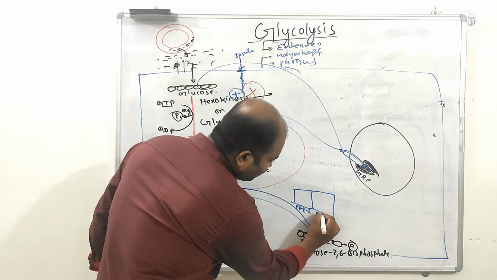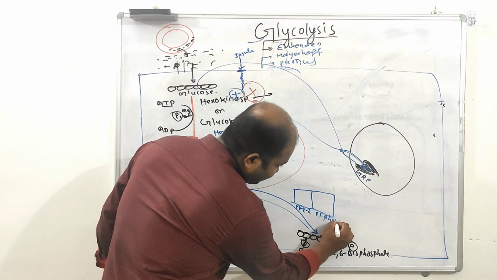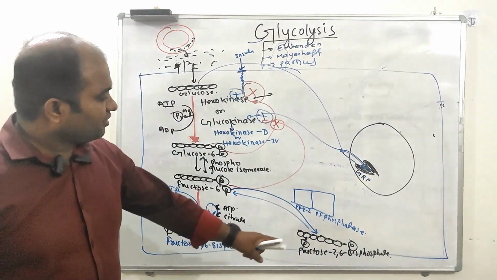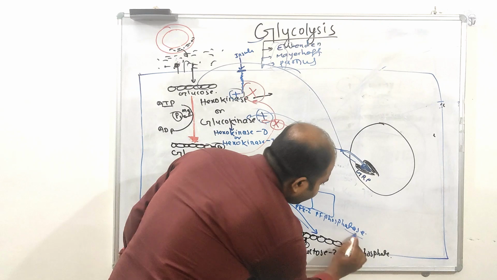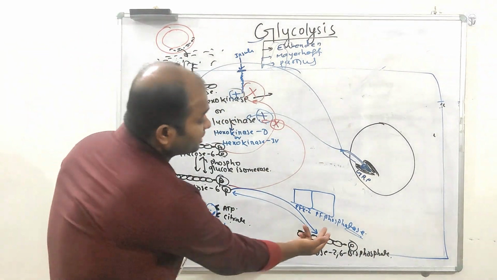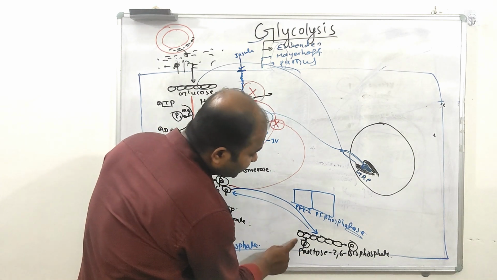There is a phosphatase also. Wherever you see phosphatase, it means removing the phosphate. Kinase means adding the phosphate.